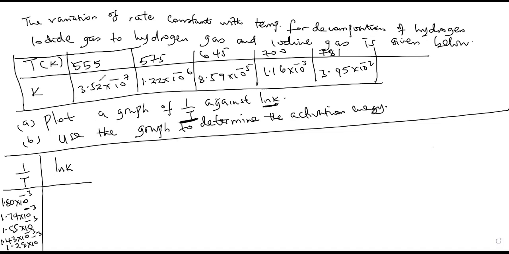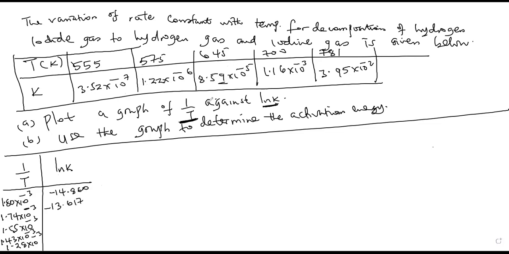Ln K: when you take ln of this constant on a calculator, it's going to give you negative 14.860. When you take ln of this, it's going to give you negative 13.617.